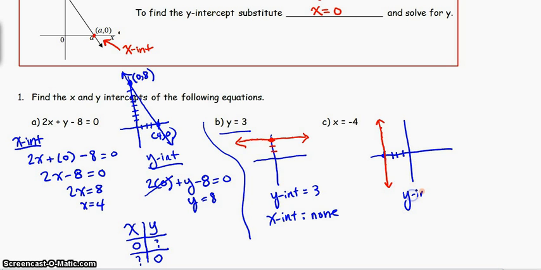This time it's parallel to the y-axis, the slope is undefined, so the y-intercept is none. And for the x, don't ever write 0. If you wrote 0, you'd be wrong because 0 is the origin, and 0 is an intercept, so you have to be specific. So x-intercept is -4. And there you go with intercepts using constant functions and general form.